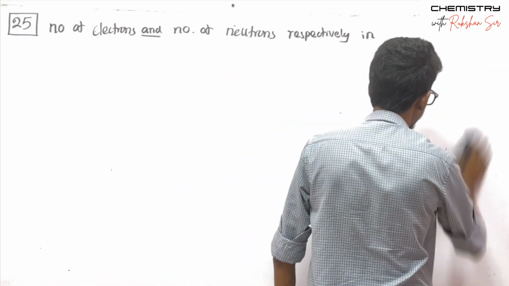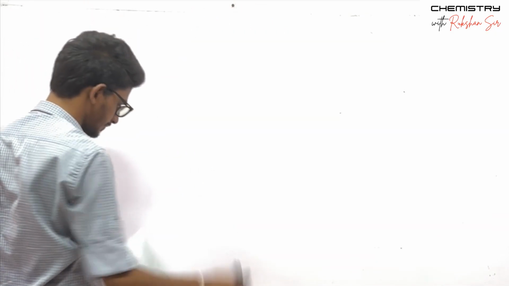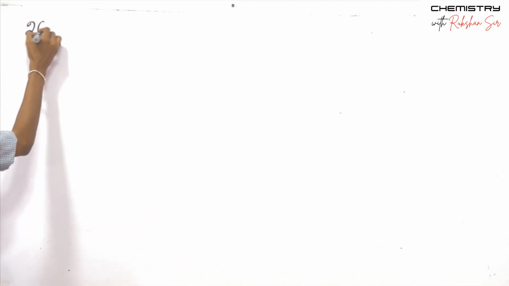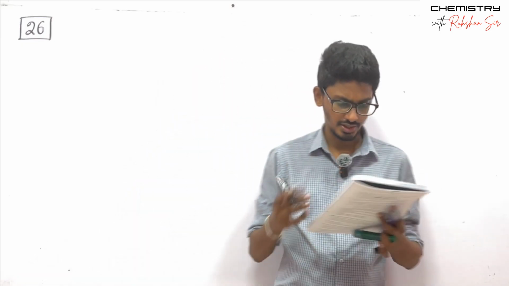Question number 26. See what it says. Of the following scientists, identify who was not connected with the development of the atomic theory.